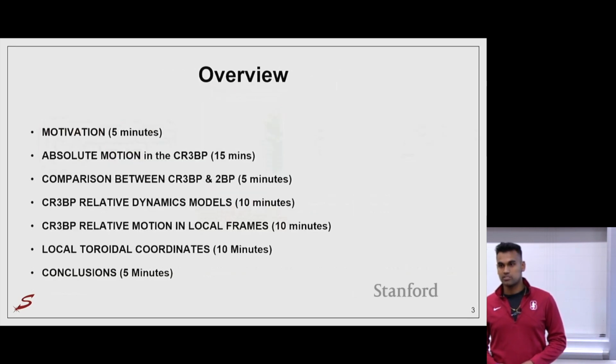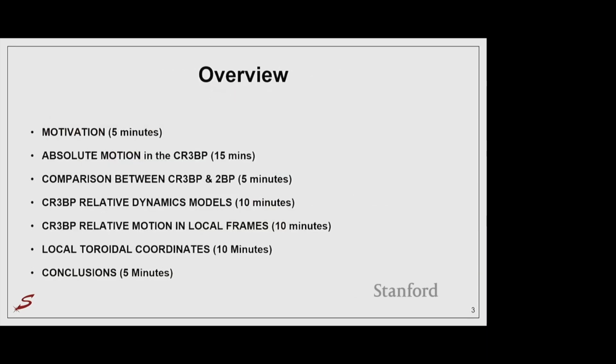So today we're going to cover the motivation of why we're talking about this subject, and then do an overview of absolute motion in the CR3BP, just to level set and make sure everybody understands where we're starting from.